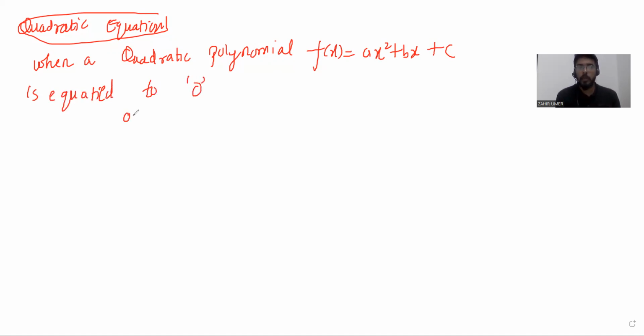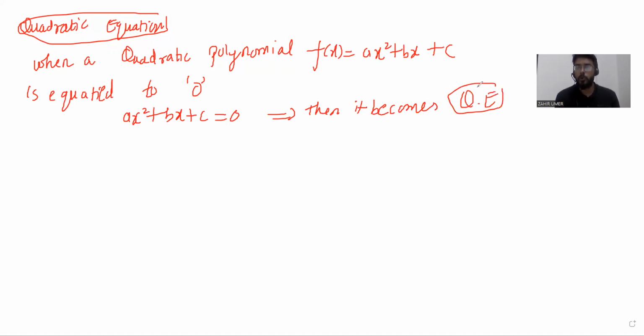If we equate it to 0, then it becomes a quadratic equation. In short form we write QE, which is the abbreviation of quadratic equation.